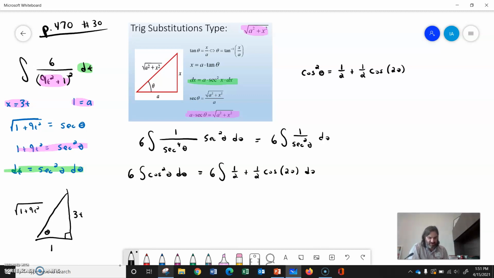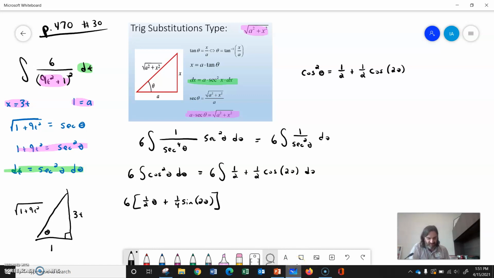Pushing through that, we'll have a 6 out front. The integration of 1/2 in terms of theta is 1/2 theta. And the integration of 1/2 cosine of 2 theta involves a u substitution, which takes you to 1/4 sine of 2 theta.